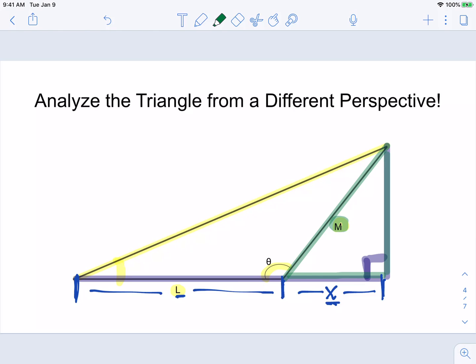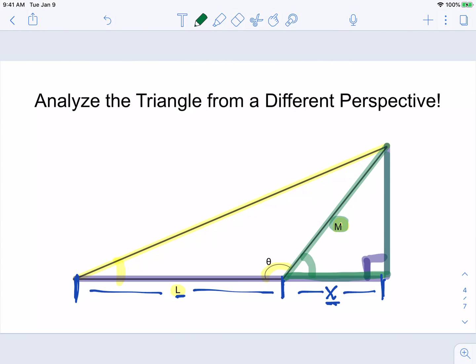So now I have another right triangle. I could use my right triangle trig skills to figure out what that bottom x component is. There's one thing though, I need to know what the angle in here is if I'm going to analyze that little green triangle. So then I stop and say, okay, let's look at what I know.